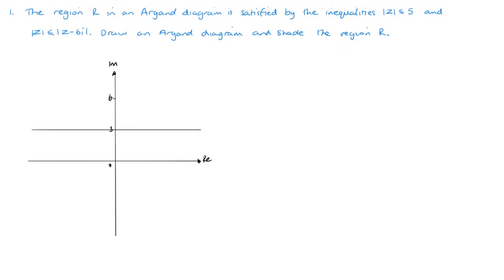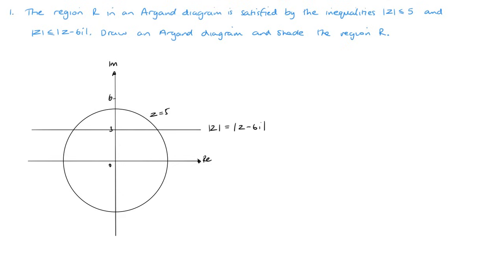Now what's next is a circle. So we want a circle of radius 5. So this is the line z equals z minus 6i, and this is of course mod z equals 5.